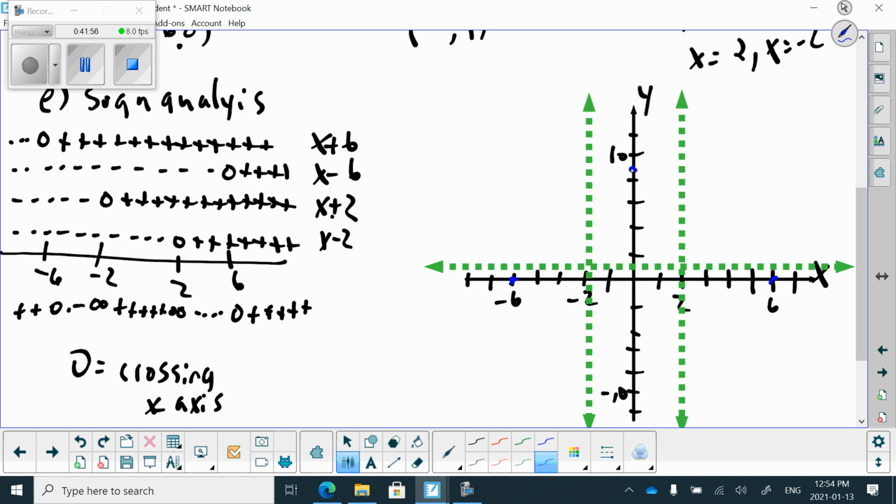And now I use my sign analysis to tell me where to graph, and go through my intercepts. So according to my sign analysis, what do I do before -6? That means I have to be above the x-axis, but below the asymptote, so I just have to squeeze it in there.